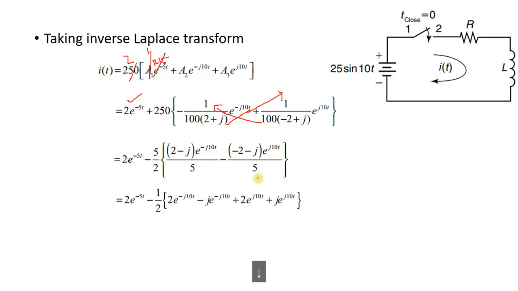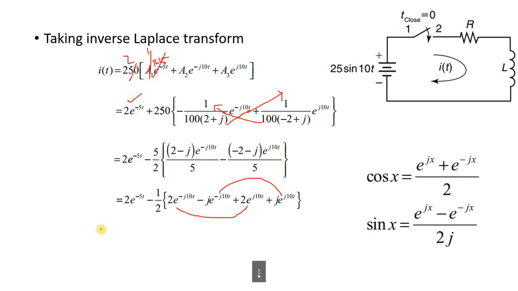Okay, so now you rearrange this equation. Just multiply this e power minus j10 into the corresponding terms. Here you rewrite these equations. Take j outside, just rearrange these equations.